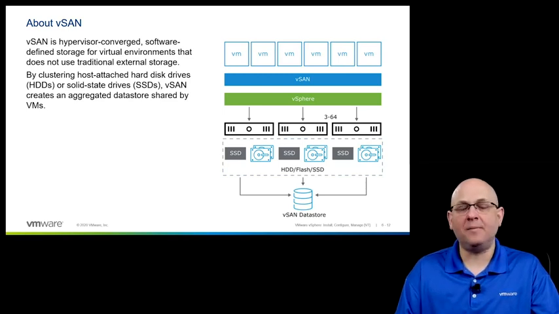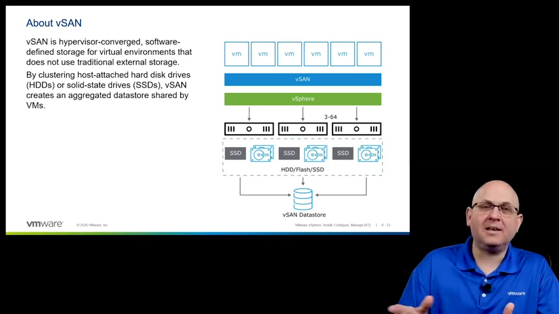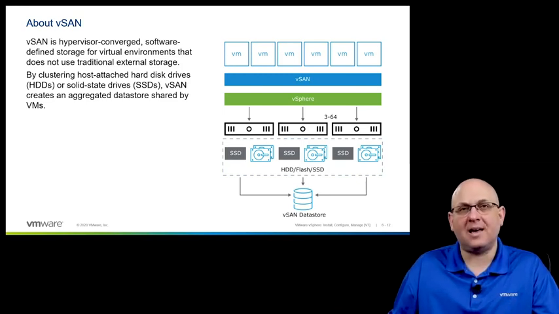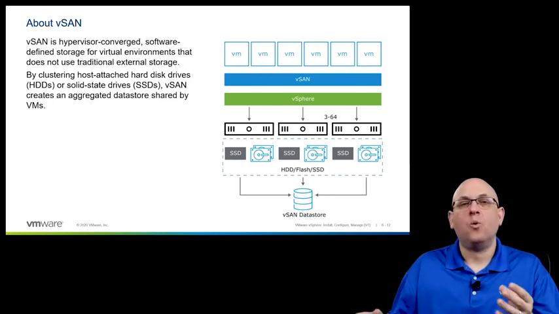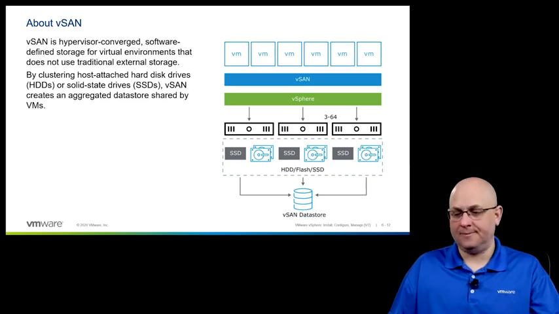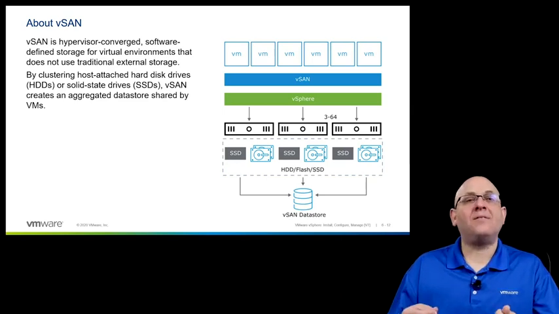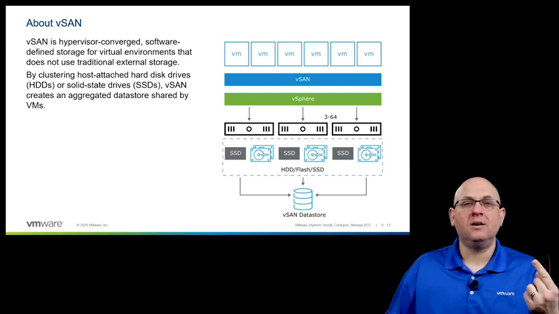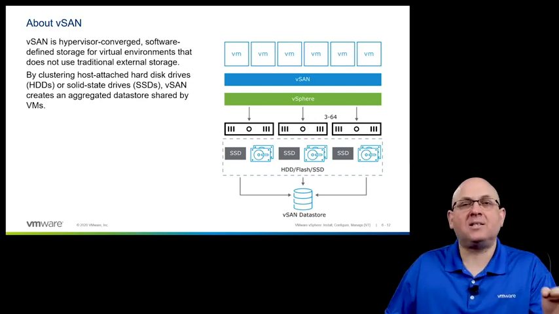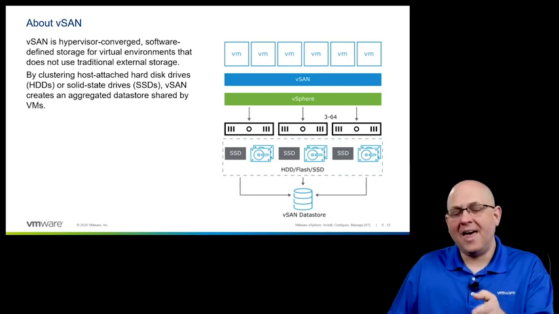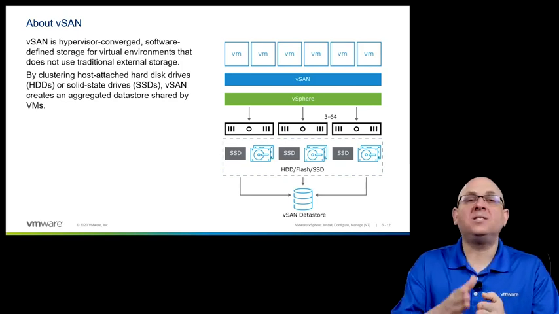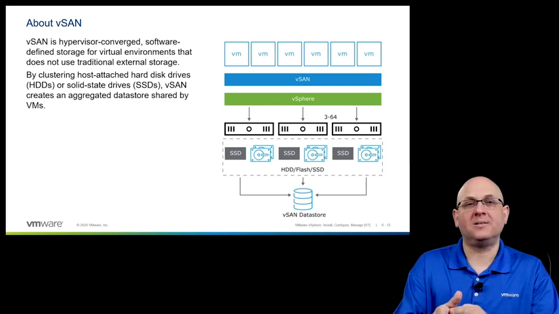So here's the idea. In each of our ESXi hosts, anywhere between 3 and 64 ESXi hosts in a cluster, we're going to place storage devices. Okay? We're going to have at least one caching device, and that caching device has to be solid state. And then we're going to have at least one capacity device.